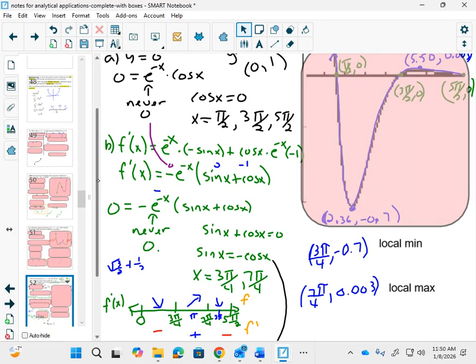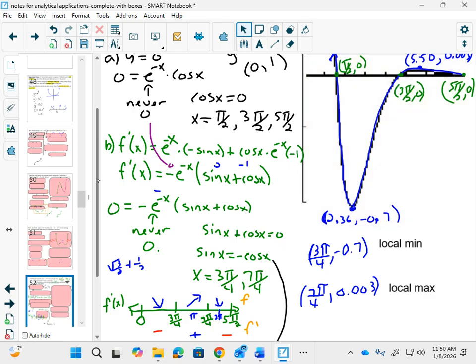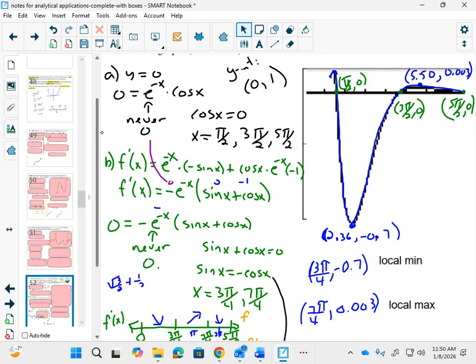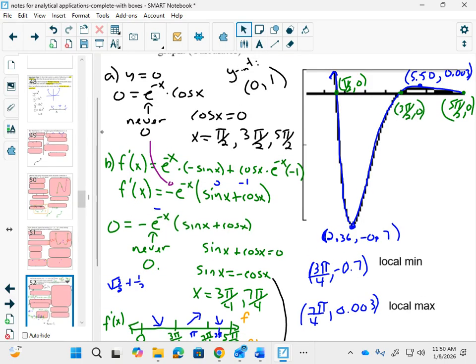So as a result, we've got our minimum, we've got our maximum, we've got our x-intercepts technically. It's not to scale, but this would go up to 1. Because we found out our y-intercept was at 1.